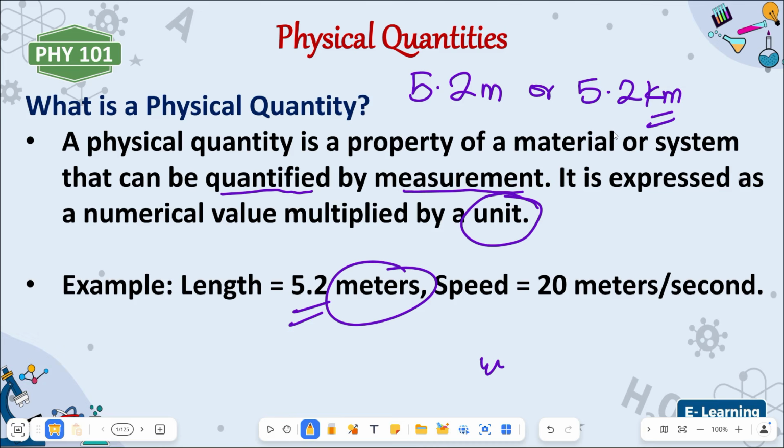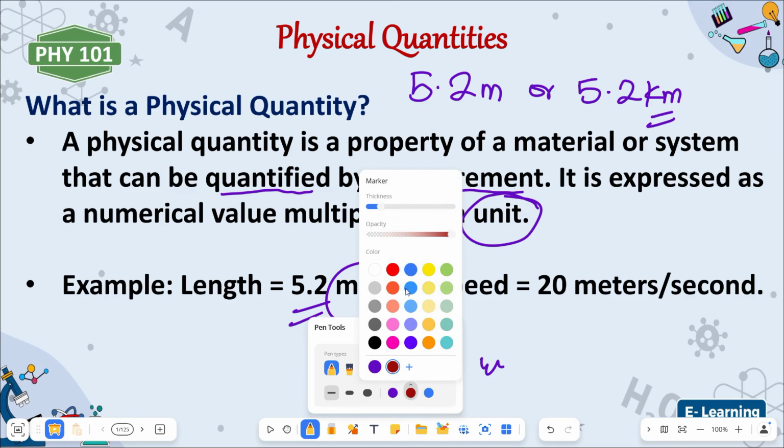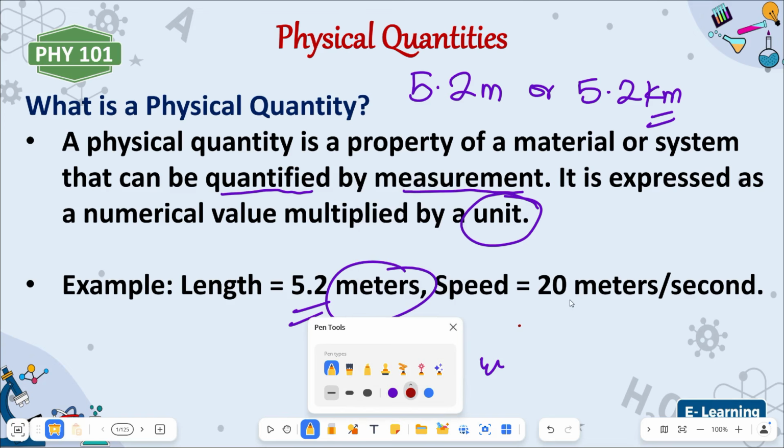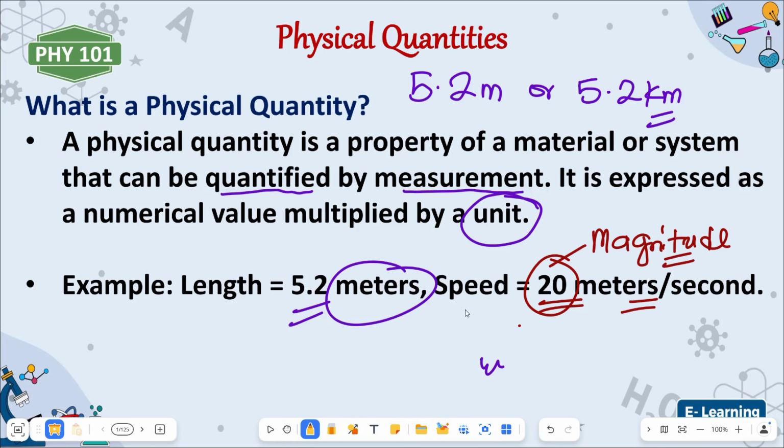Or in the case of speed, where you have it as meter per second, like 20 meter per second. The numerical value, which is the magnitude, my dear student, is the 20. Then the unit is meter per second, which is the unit for speed. So that is what we are going to start with.